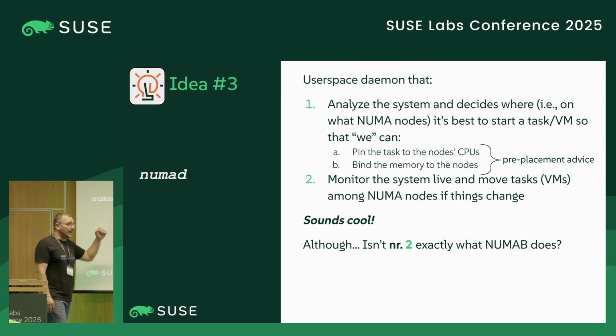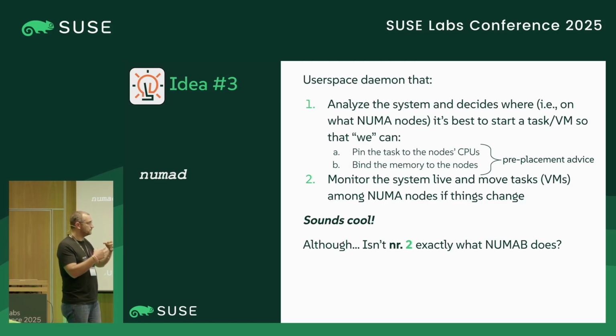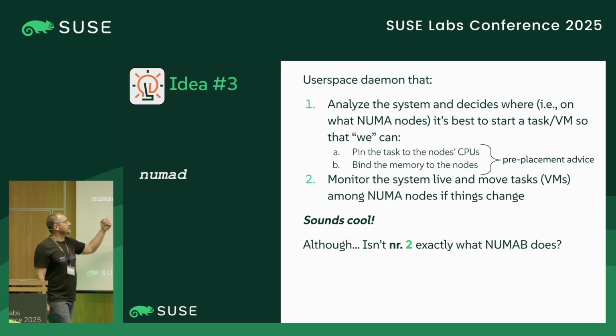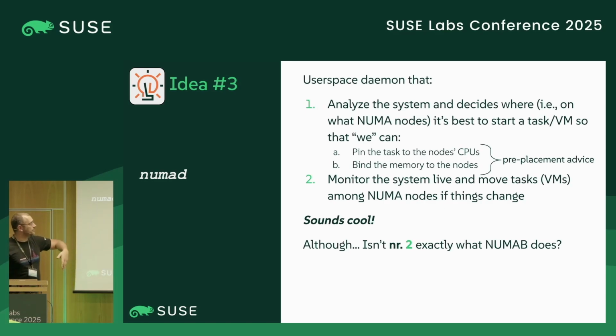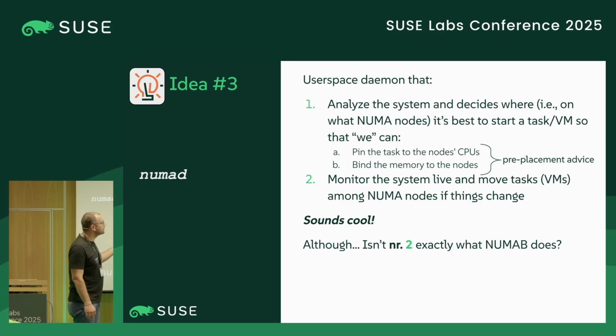It also tries to take the same measures, moving the tasks or moving the memory. It does that by changing the affinity of the tasks or changing the memory policy, and then the memory is migrated. Which again sounds interesting.